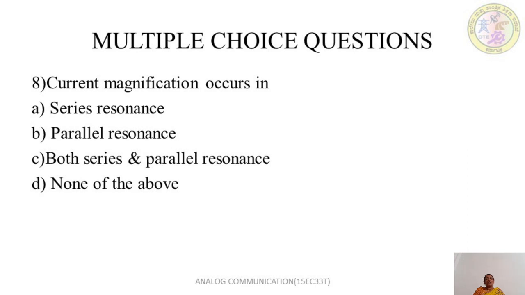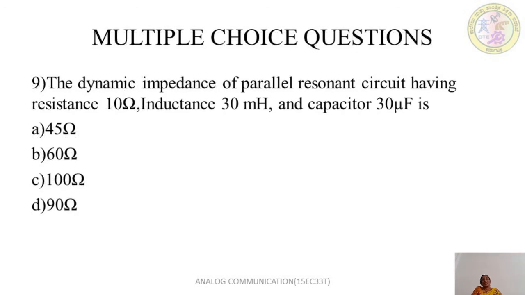Current magnification occurs in series resonance, parallel resonance, both series and parallel resonance, none of the above. The answer is parallel resonance. The dynamic impedance of parallel resonant circuit having resistance 10 ohm, inductance 30 millihenry and capacitor 30 microfarad is 45 ohms, 60 ohms, 100 ohms, 90 ohms.